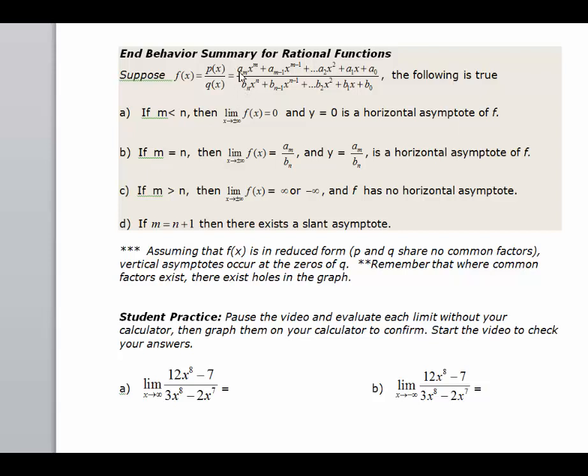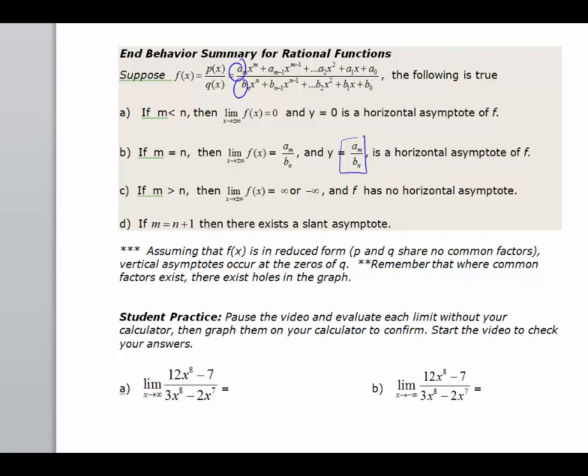If the leading term's degree is the same, then your asymptote is literally just the ratio of the coefficients of those leading terms. And if your numerator's power is greater than your denominator's power, then the limit is infinity or negative infinity, and so you have no horizontal asymptote.